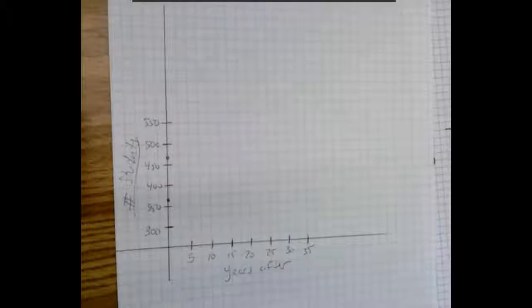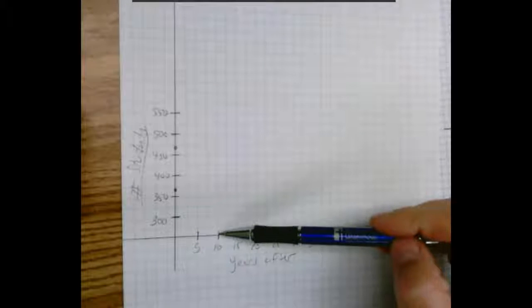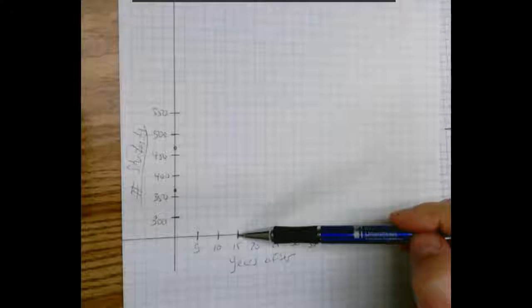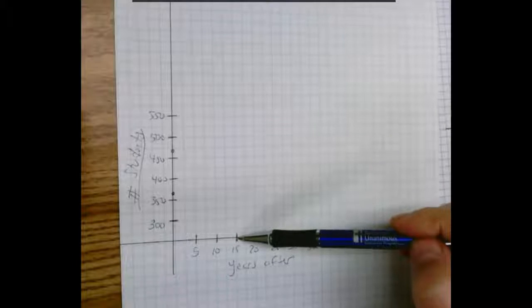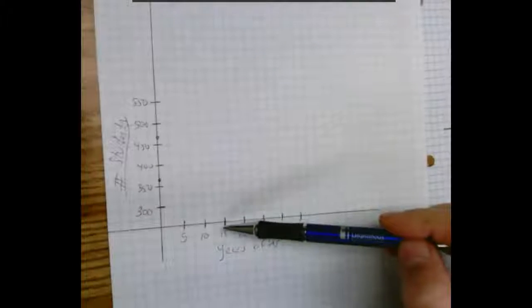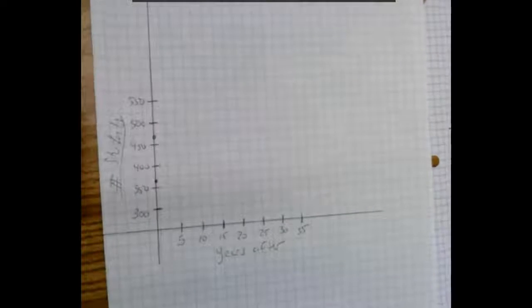Okay, and they're going to keep going up. We'll just go from maybe 15. So let's plug in the number 15 for both of these equations and see what that gives us for the next point.